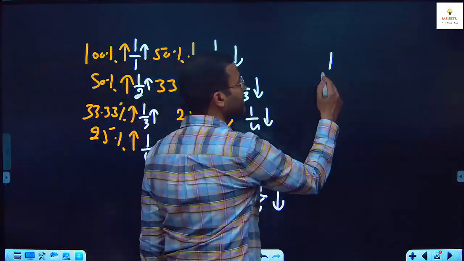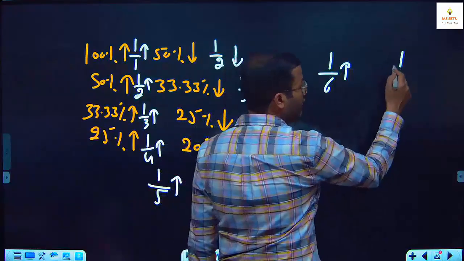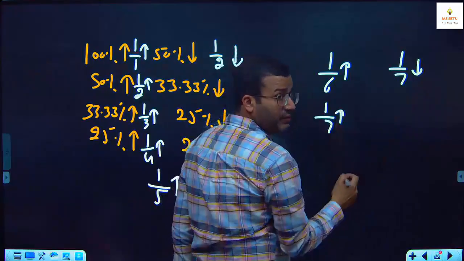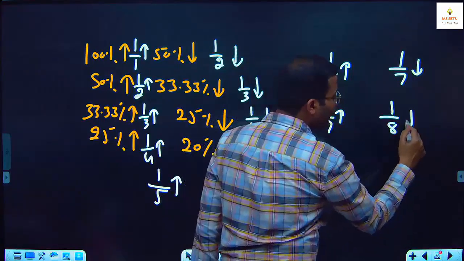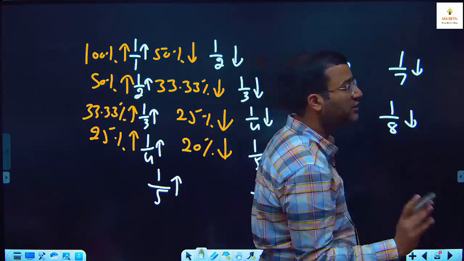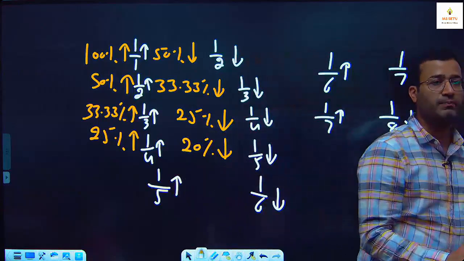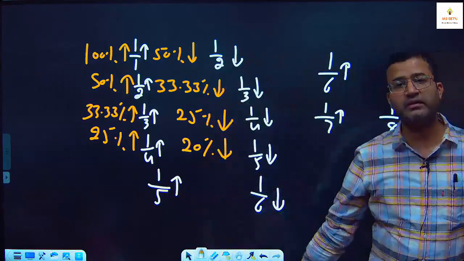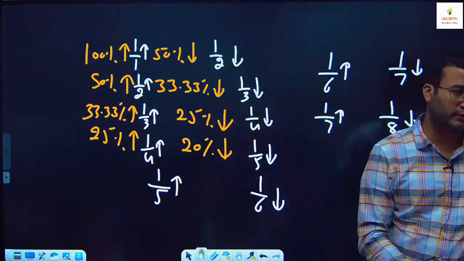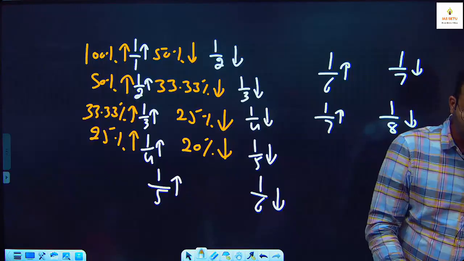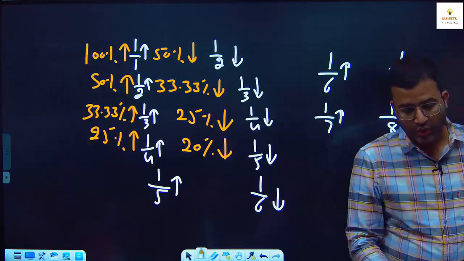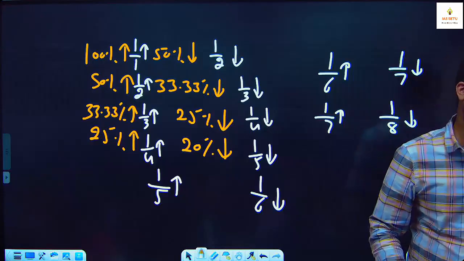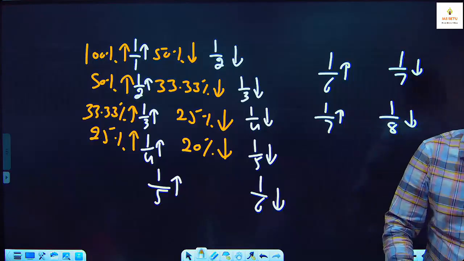Similarly, 1/6 increase compensated by 1/7 decrease. 1/7 increase compensated by 1/8 decrease. Relation है सीधा, no need to mug up. अगर आपको टेबल की पहली वैल्यू याद है, दिस इज रियली अ वंडरफुल टेबल. Wait, let's see how we use this in our question, and then you have confidence.